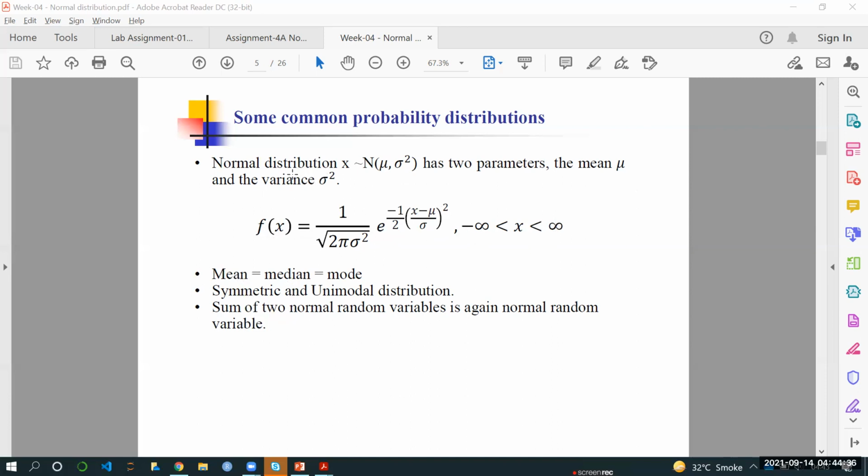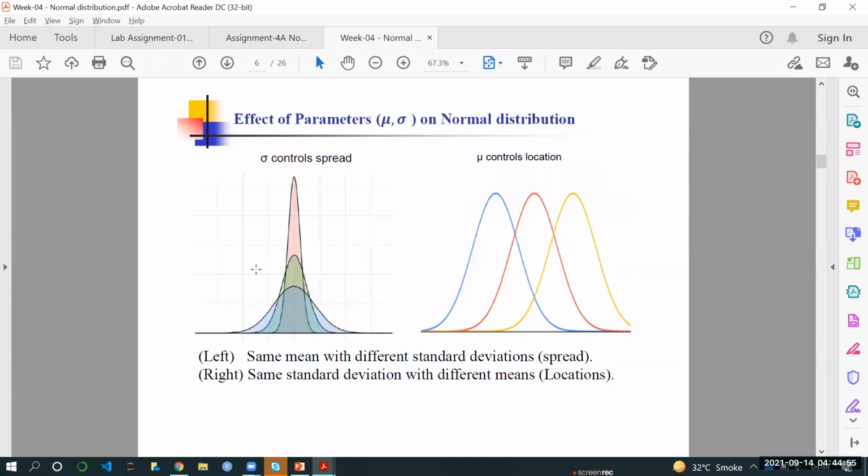If you remember beta 2, which is kurtosis, if kurtosis is more than 3, that is called leptokurtic. So beta 2 is equal to 3, less than 3 or greater than 3. In first semester, we were comparing the beta 2 values with the value of the normal distribution. A simple normal distribution has beta 2 equal to 3.